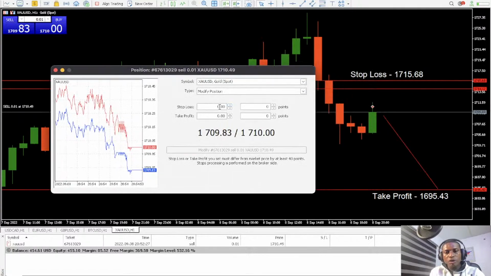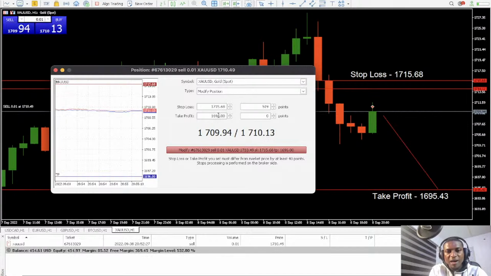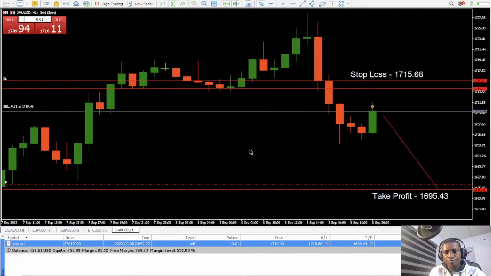For our stop loss, we are doing 1715.68. For our take profit, we are doing 1695.43. And then good.